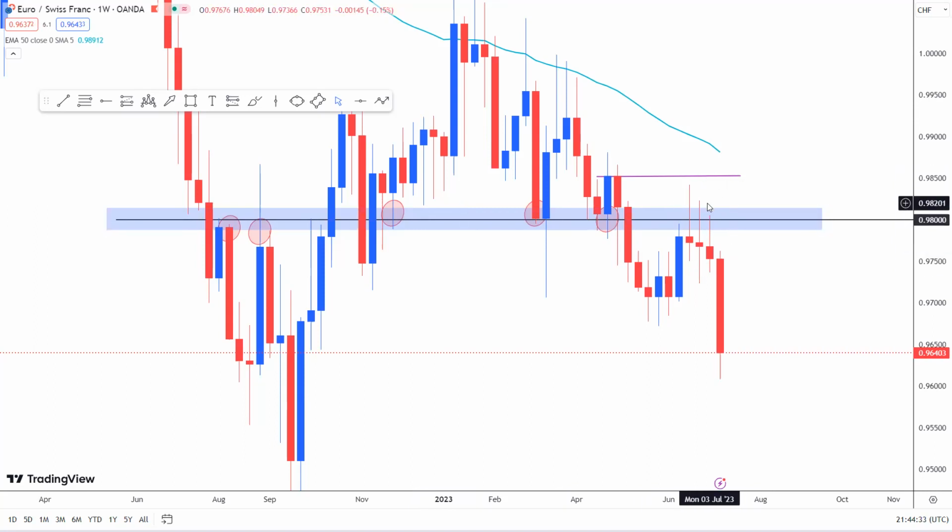Now, once you begin to see rejection candlesticks from your area of interest, this tells you that the chances of the level holding are very high. What this means is, if price wanted to get past this level, it would have done that already. This level is a very potent level.